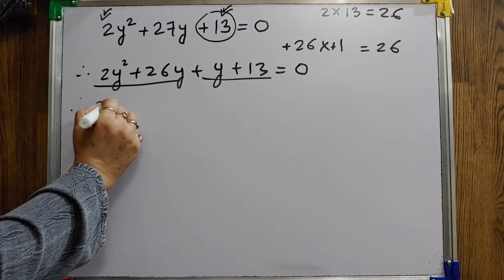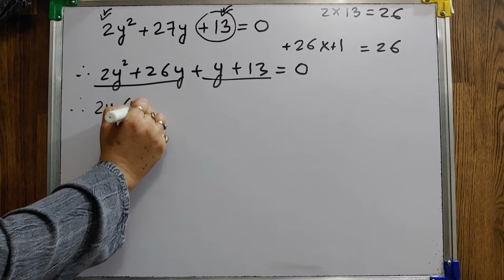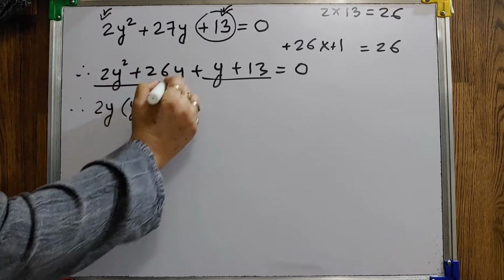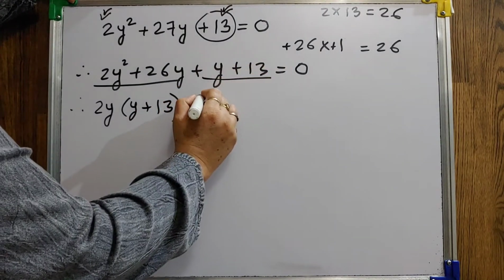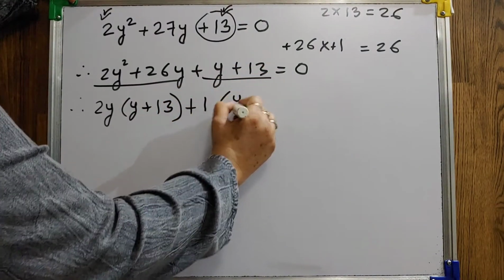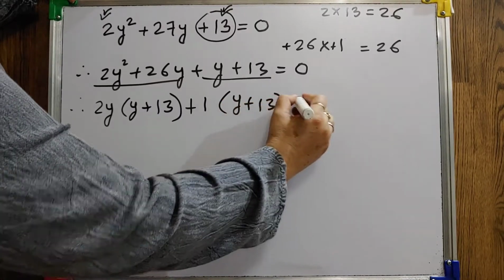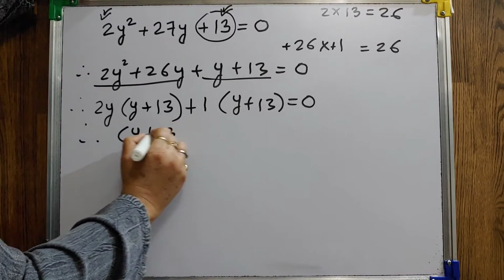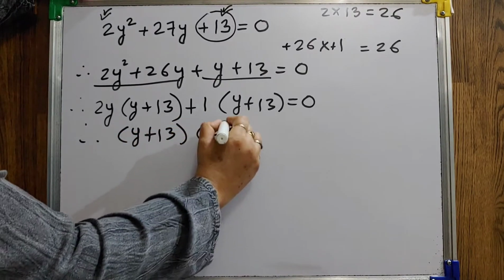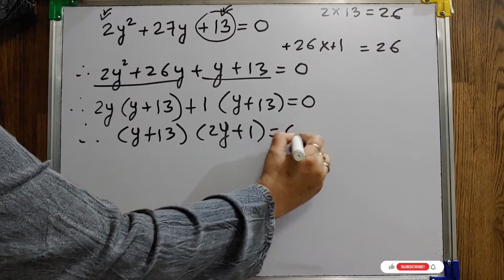Now take 2y common, then only y remains. 2 13s are 26, and y I have taken common. When nothing is common, take 1 common. So one of your brackets is y plus 13 and the other is 2y plus 1.